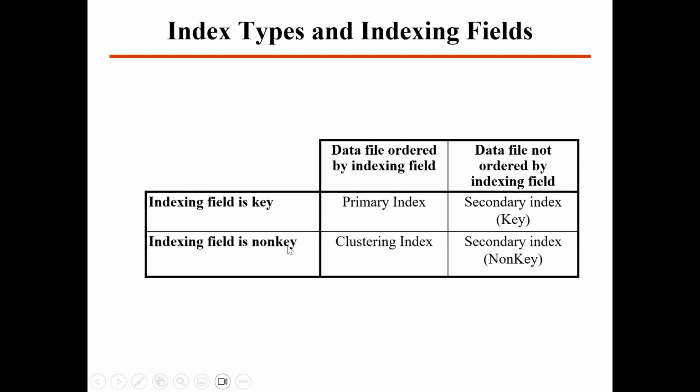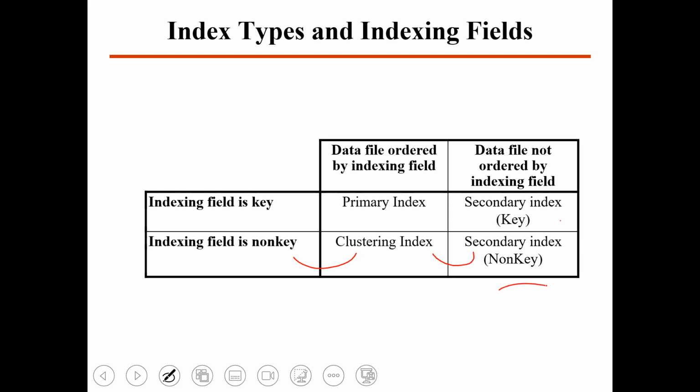Now, a quick recap. If the indexing field is a key, we use a primary index, or we can use a secondary index also. But if the indexing field is non-key, meaning repetitions are allowed or a group of values is allowed, then we use clustering. When we have a cluster, we can also have an index key on the non-key.